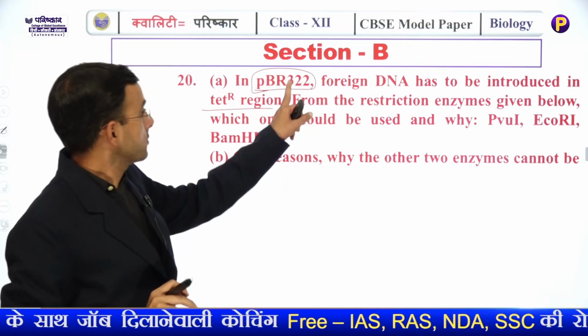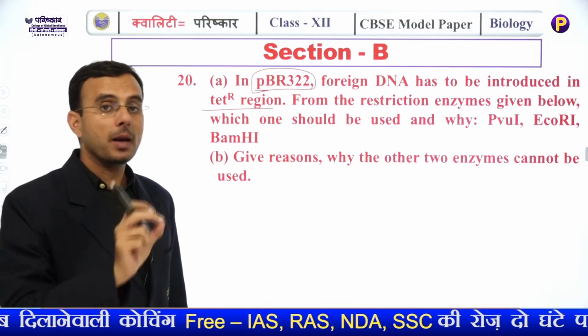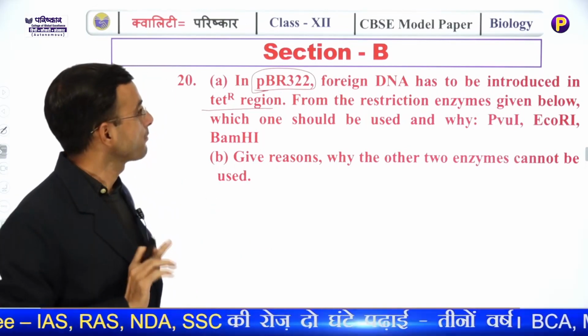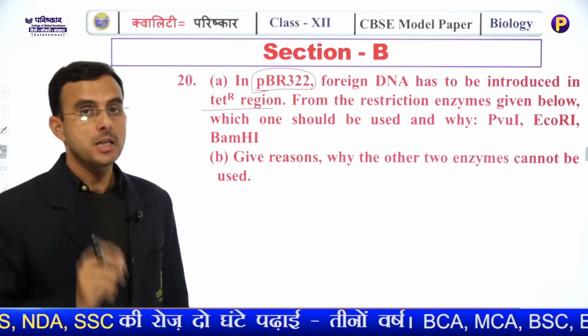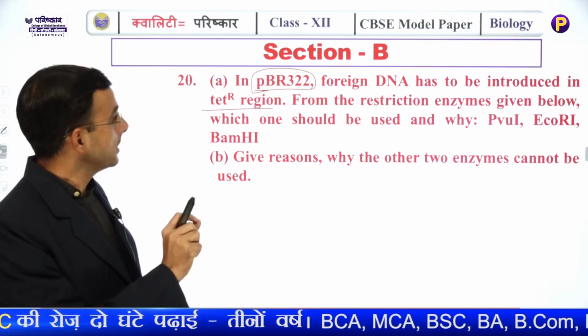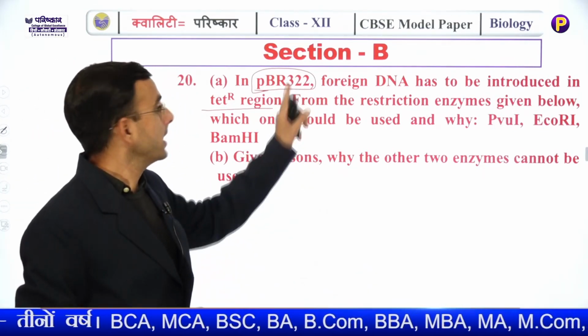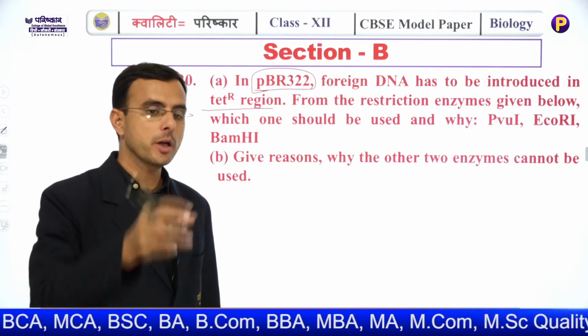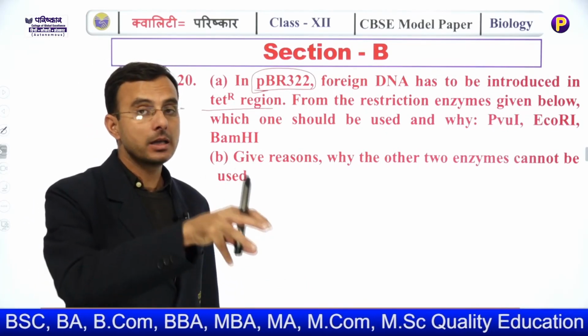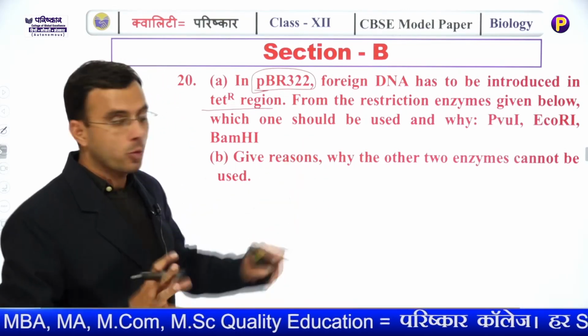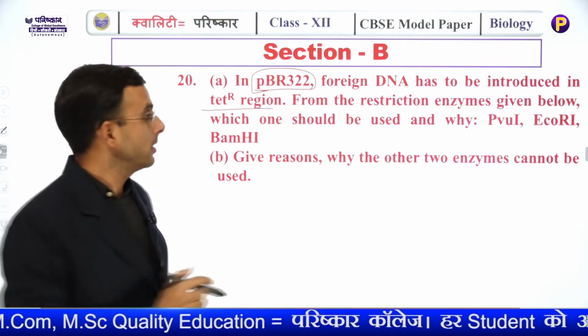Because this plasmid contains the tetracycline resistance gene with the restriction site. If we are utilizing that as a vector, we are able to incorporate the gene inside this plasmid. So we have to cut at a single particular place.